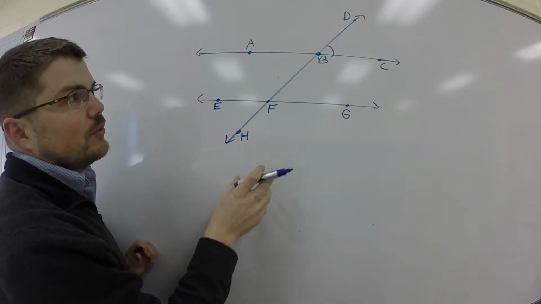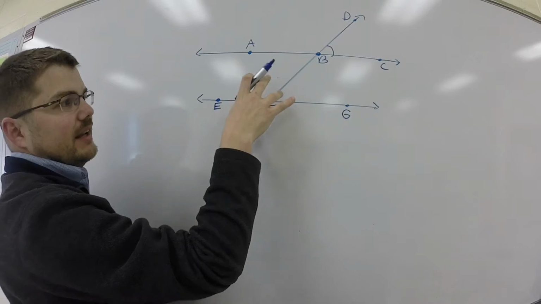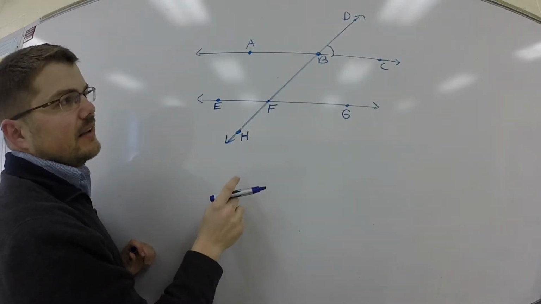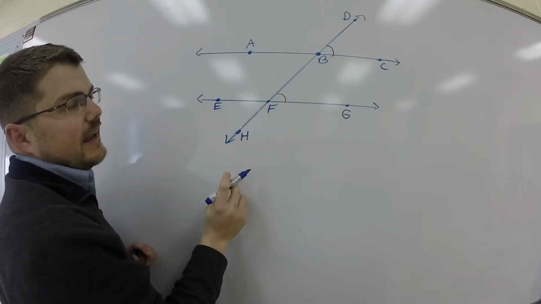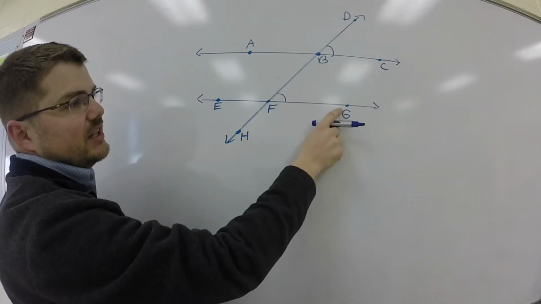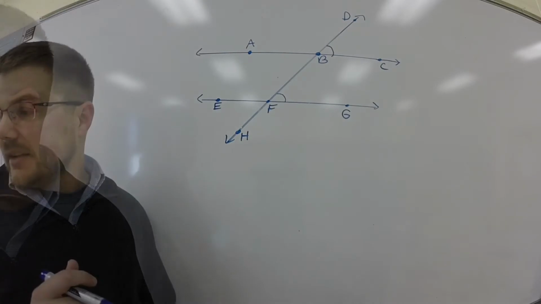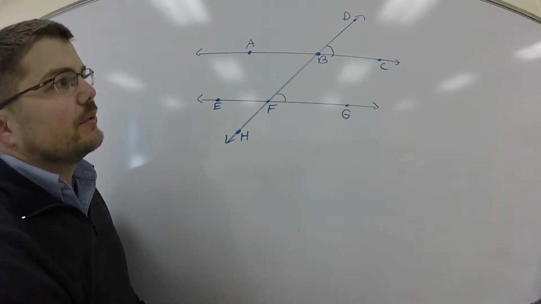If I were to take this intersection and pick it up and put it here, which angle would this one be on top of? It's going to be this one right here. This is angle BFG or angle GFB. Let's look at the answer choices. Yes, angle GFB is corresponding to angle DBC.